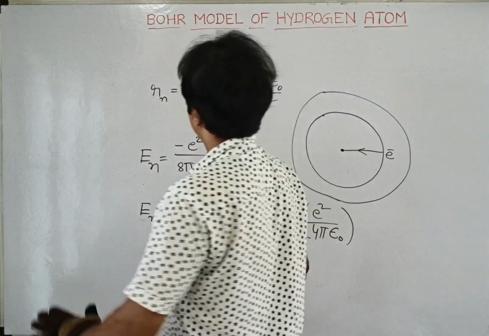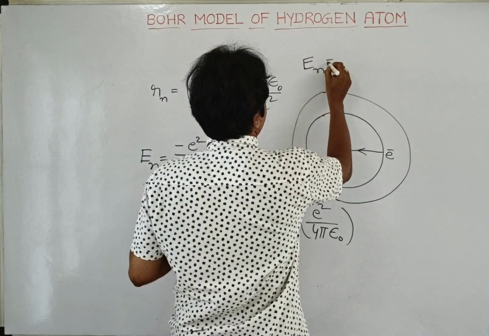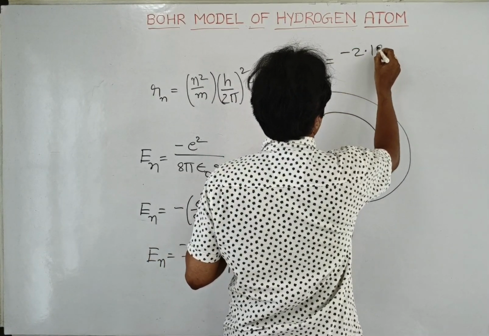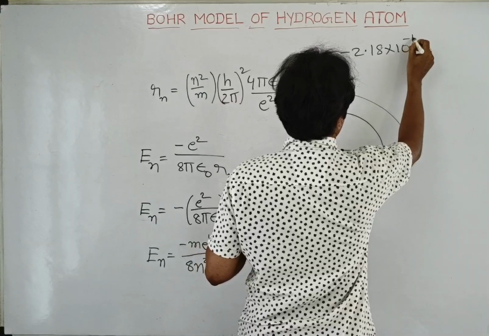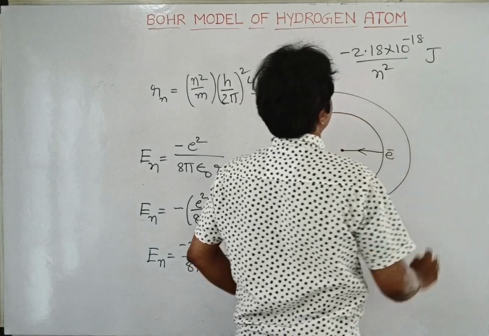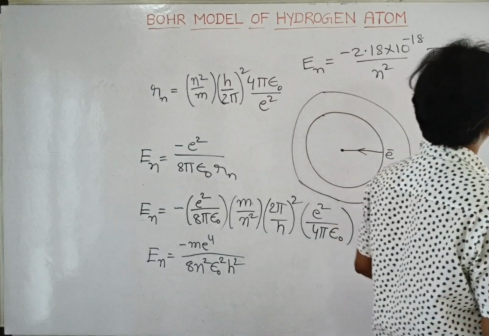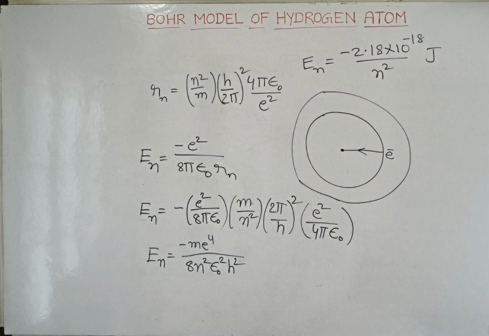In general, when you substitute all these values, you will get minus 2.18 into 10 to the power of minus 18 by n square joules. This is the energy of an orbit or revolving electron which is moving in the nth orbit.